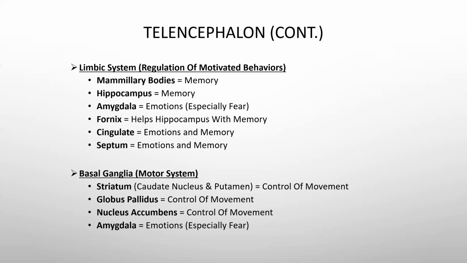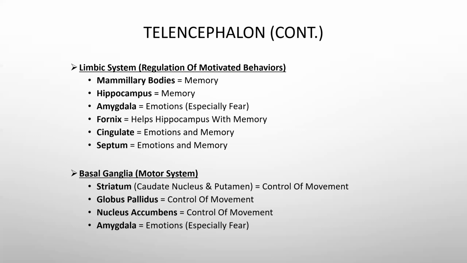Okay, so a couple words here that might trip you up a little bit. Hippocampus and amygdala. Okay, and then the basal ganglia, which is our big motor system. The caudate nucleus and putamen are what we call together the striatum, and that is control of movement.